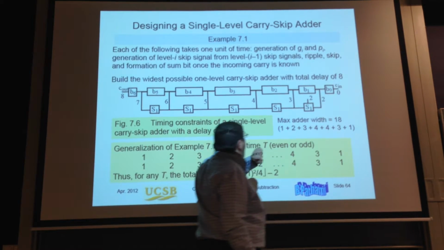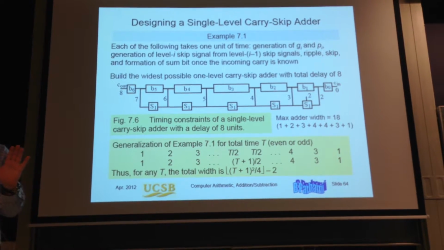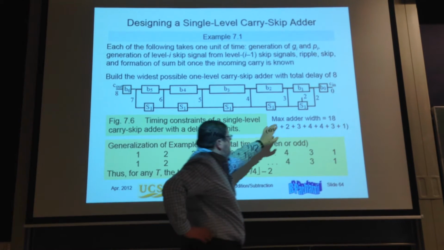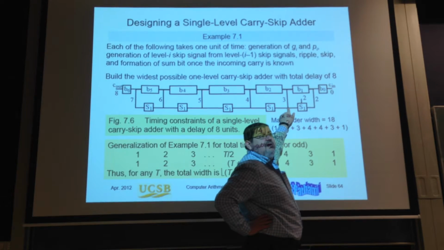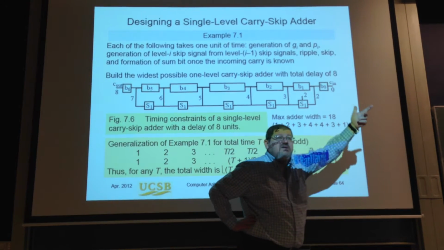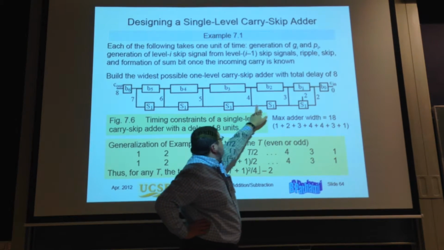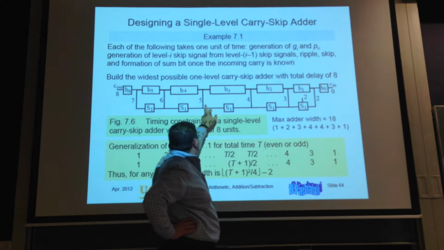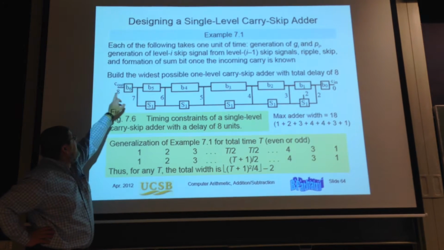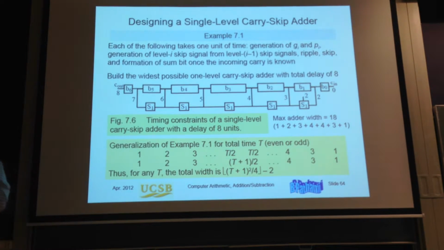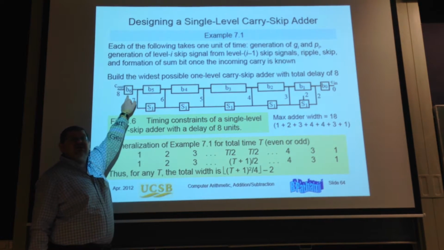Then first of all, I will try to see if things are okay whenever I'm completely skipping the structure. A carry which was here, if this block is skipping, will arrive at time unit 3: 2 time units to produce the propagate and 1 unit to skip. The next one will take me 1 more unit, then 4, 5, 6, 7, and then when I have this, I can compute the carry out in 1 more unit, which is telling me already that this block cannot be longer than 1 bit.